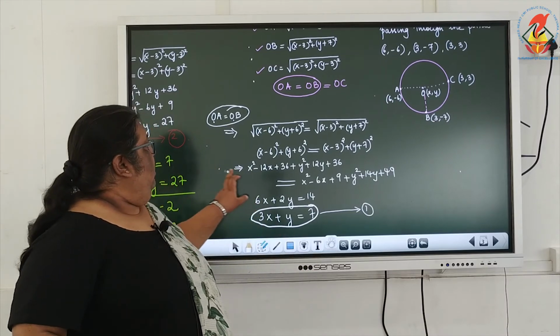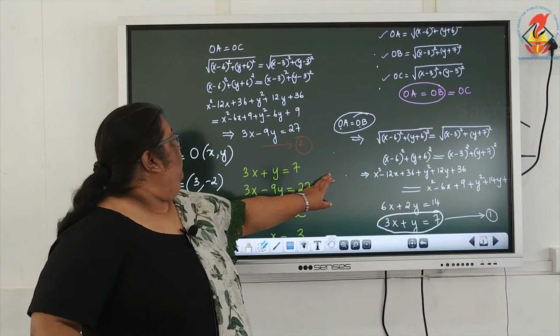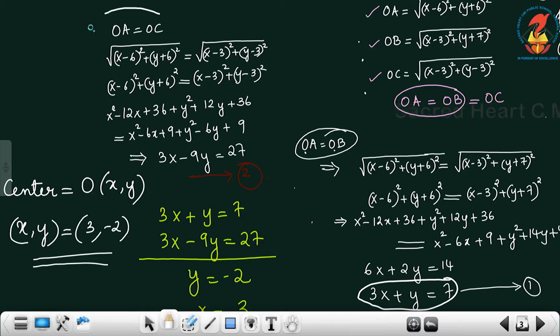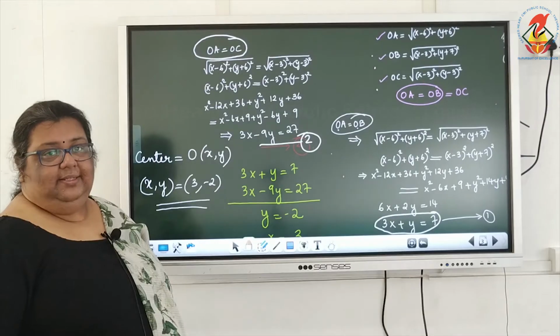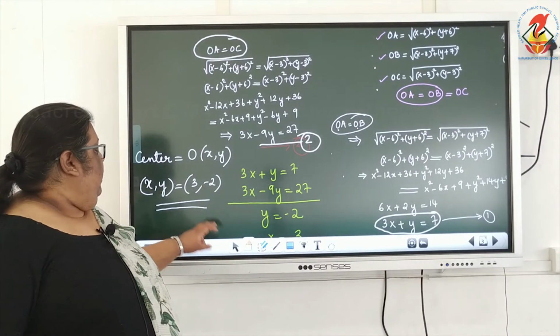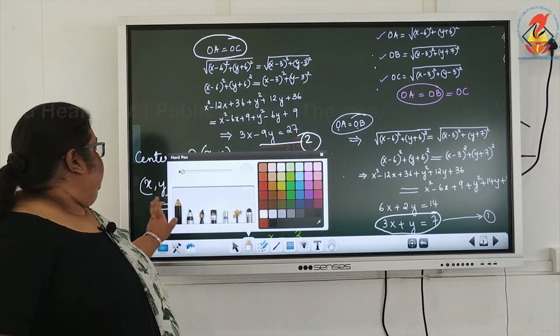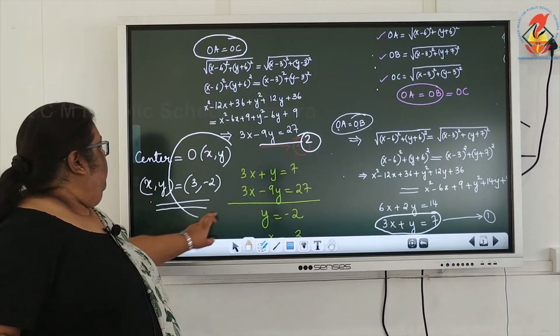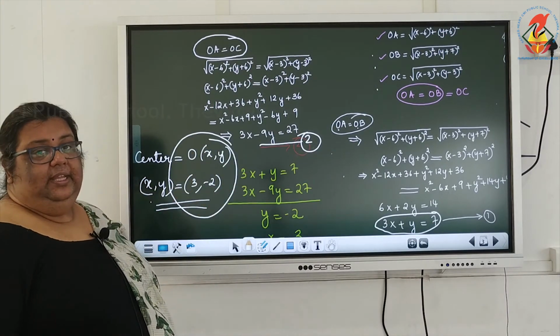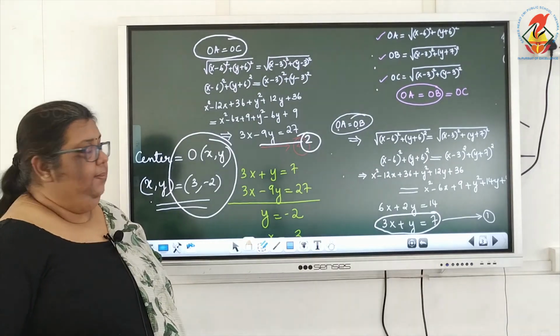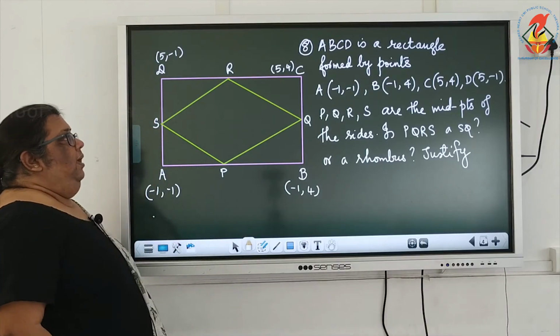Then, after taking OA equals OB, we took the second set, OA equals OC. We got our second equation. When we solve the first equation and the second equation, we get the value of (x, y) as the ordered pair (3, negative 2).